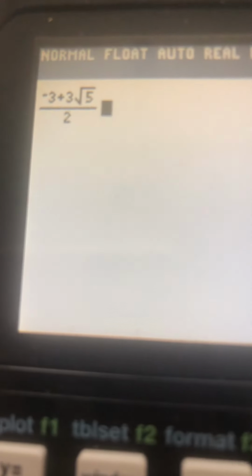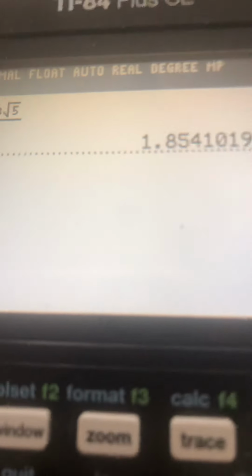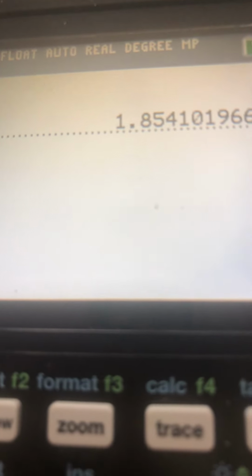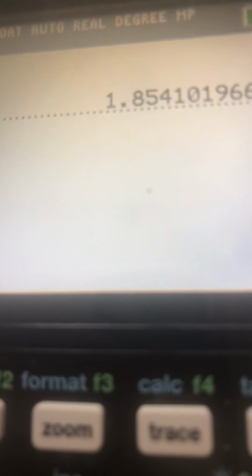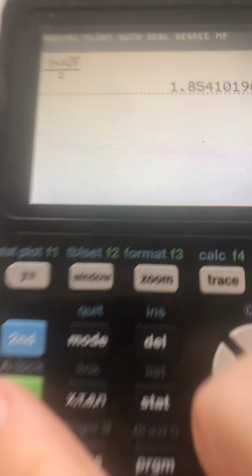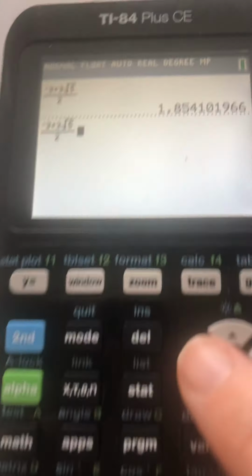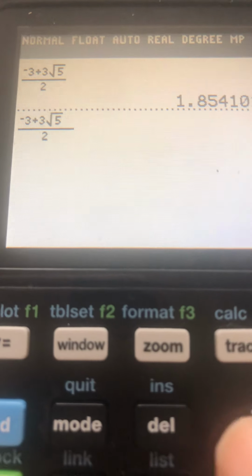Okay, so there's that one. Okay, that's the top one. 2 decimal places, so 1.85. And then you can go up in that and make it a minus.